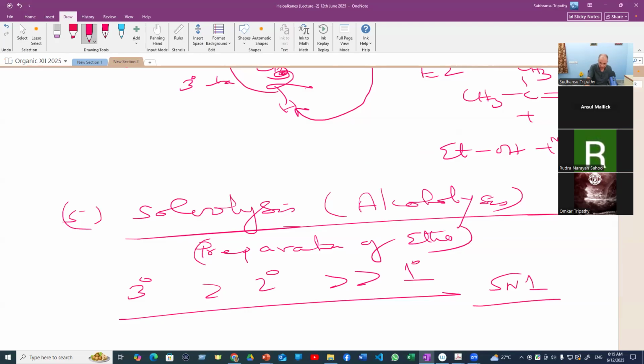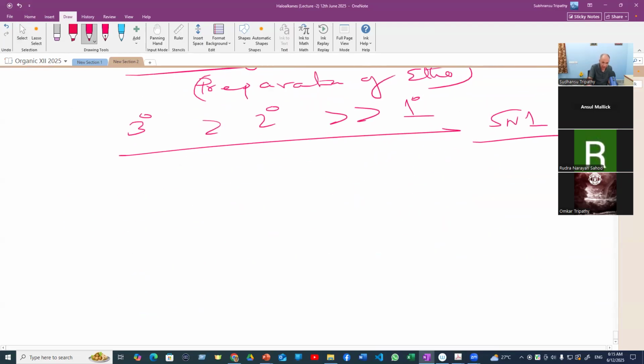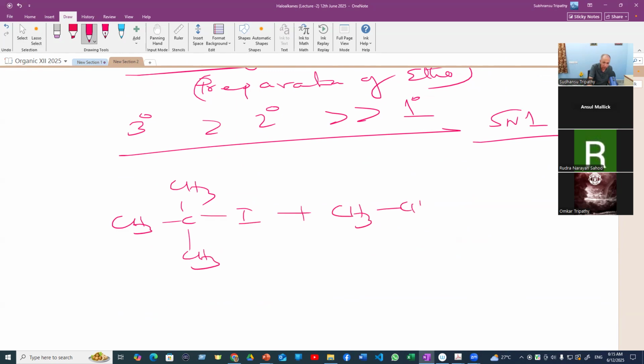Just like hydrolysis, you take, say, a 3-degree halide and simply add any alcohol, not alkoxide ion. Alkoxide ion is a strong base. Alcohol is a weak base, weak acid as well as weak base.